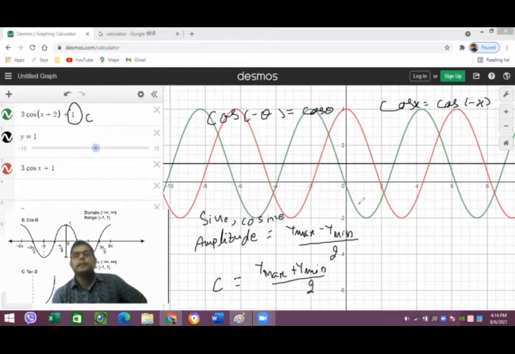Only the thing is that sine is maximum at pi by 2, but cos is maximum at 0. But the method of finding amplitude as well as the translation vector along the y-axis are the same, and also finding the period for both the graphs of cosine as well as of sine are the same.